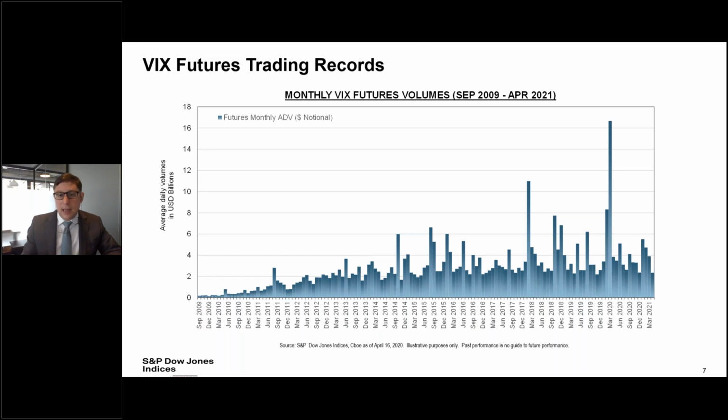Early last year, we saw an average daily traded notional value of over $16 billion per day during March 2020. So people were really using the tradability of volatility as a way to navigate the extraordinary market circumstances that we saw last year.